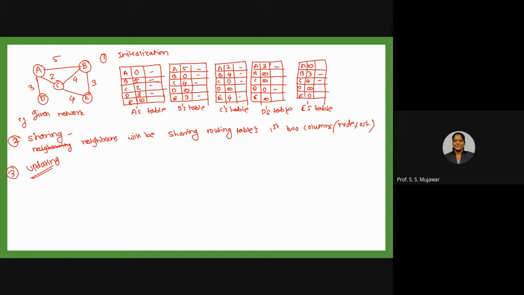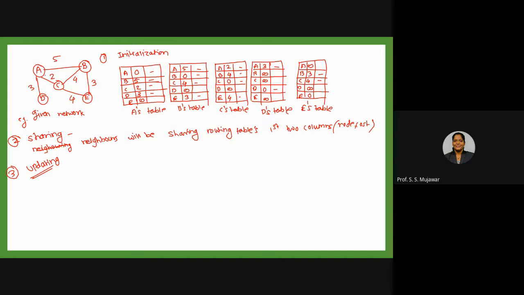So we can exchange these tables. A will be sharing with C, C will be sharing with A, right? Once C shares the values with A, A can find out the value to reach every other node through C.